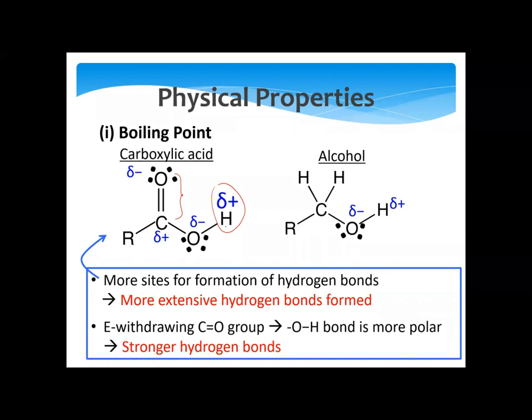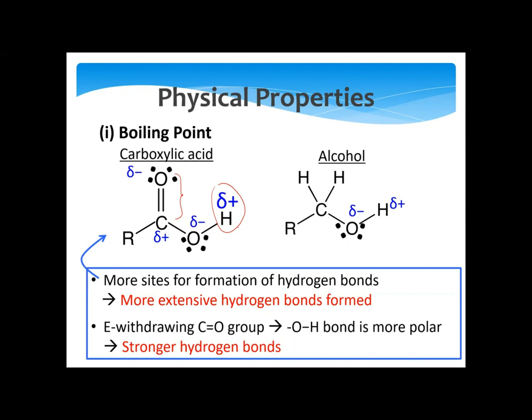In other words, there will be a stronger attractive force between the hydrogen of this OH group and the lone pair of electrons on oxygen of another acid molecule. So it leads to stronger hydrogen bonds.